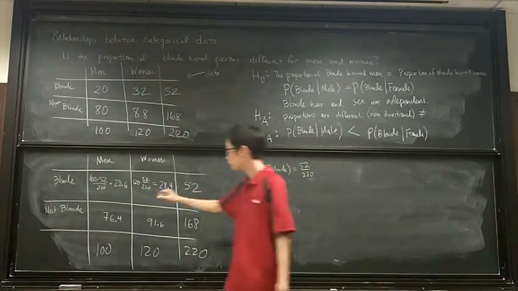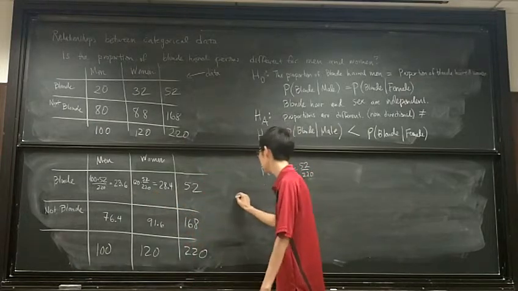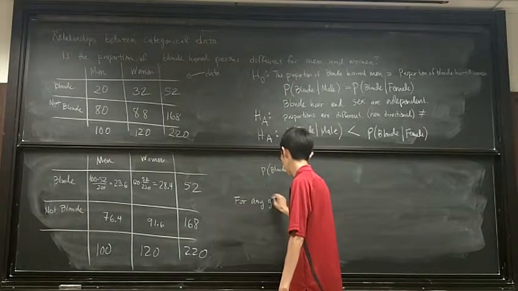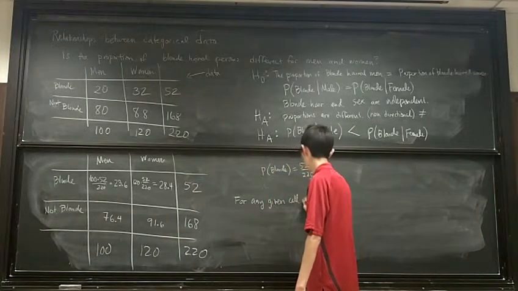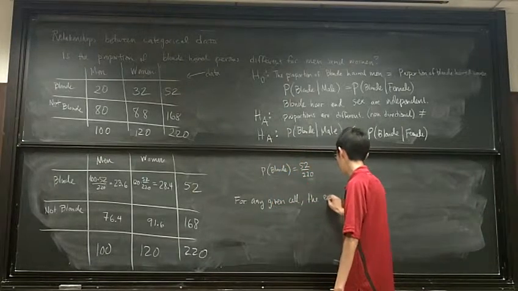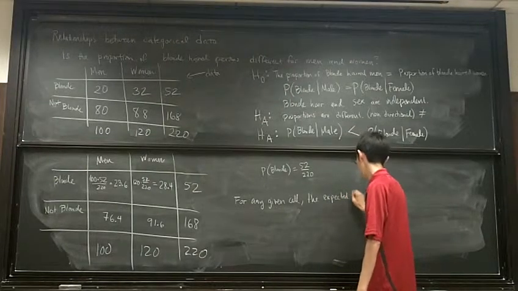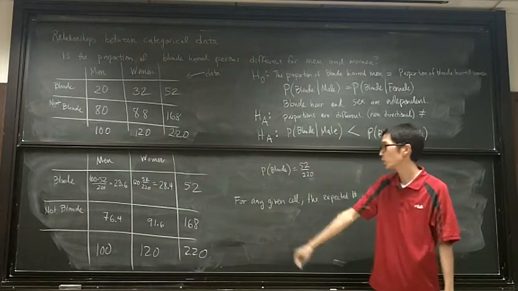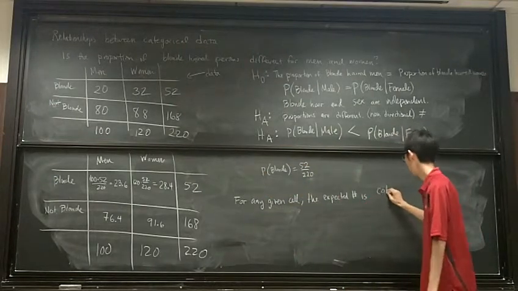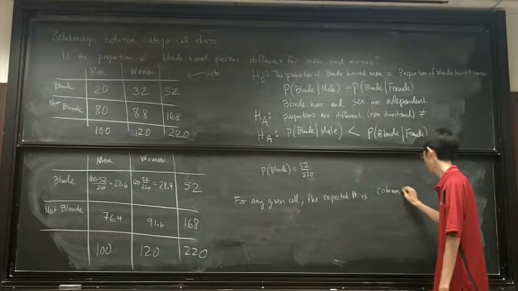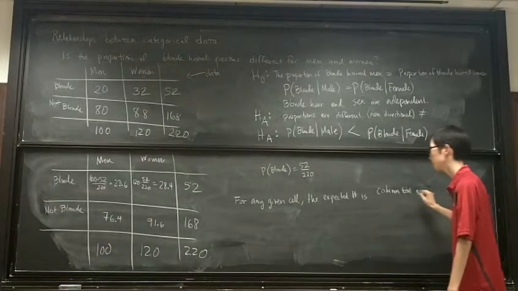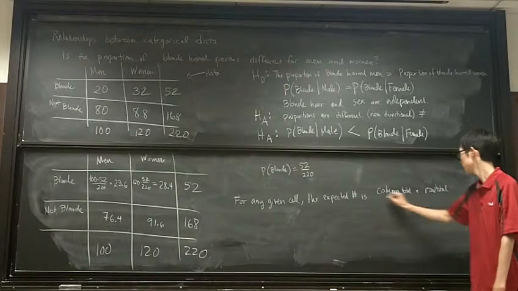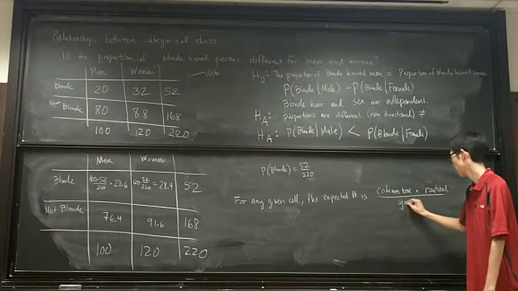But if you wanted to go through it, for any given cell the expected number is the column total times the row total divided by the grand total.